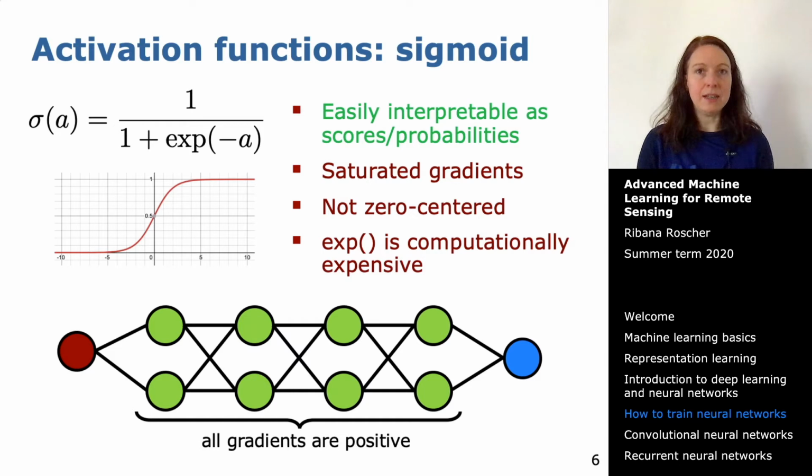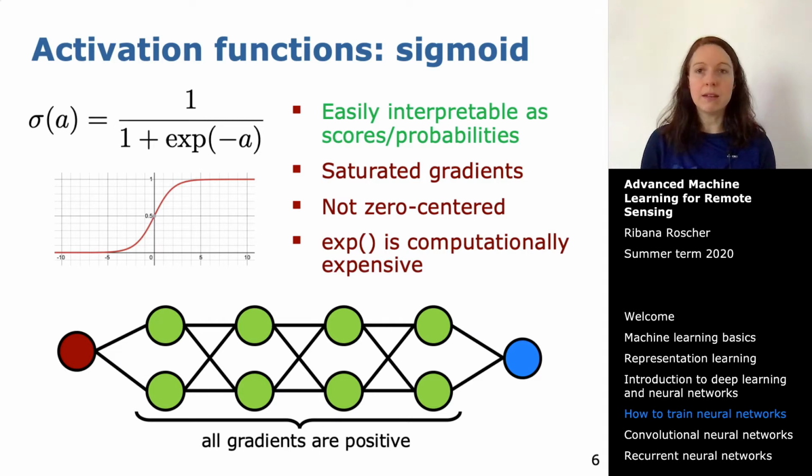Another problem you can see is that of saturated gradients. Here, for example, when you have a look at the -10 and +10 area, and also values which are even larger or even smaller, it doesn't matter if you input +10 or +20.